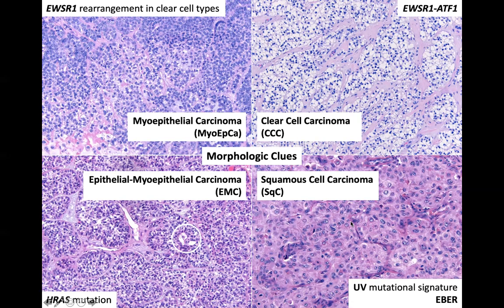And squamous cell carcinomas of salivary gland generally are not primary. They are most often considered metastases, especially from places like skin, in which they may have UV signature mutations, or places like the nasopharynx, or even the oropharynx, in which they may have EBER, or for oropharynx, HPV virus.